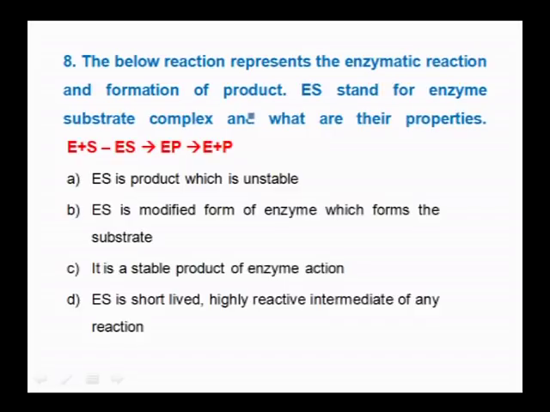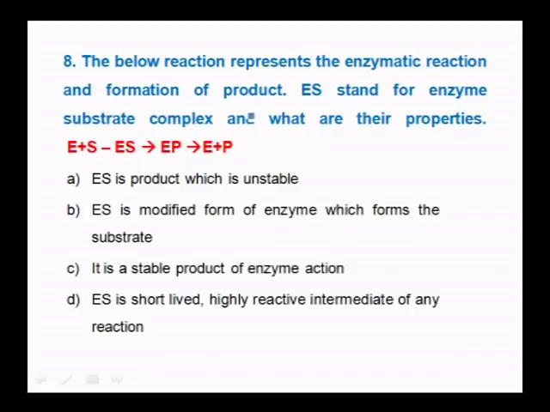So what we can understand here is ES is not a product as explained by the first option. So first option is wrong. B option says that it is a modified form of enzyme which forms the substrate. So it is indicating the reverse of reaction. Always we have to think of formation of product. So B statement is wrong. C, it is a stable product of enzyme action.